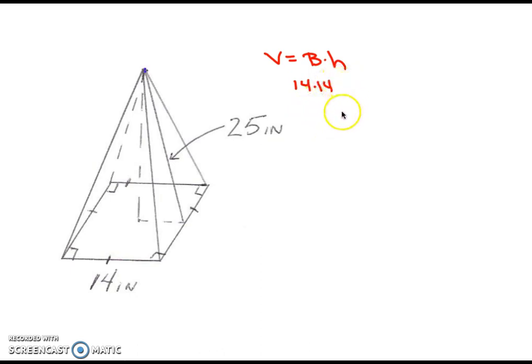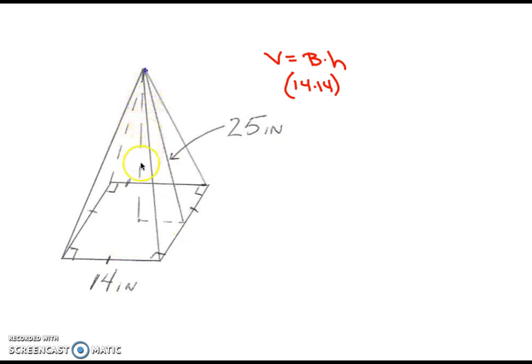Again, your height comes from the vertex to the middle of the base and creates that 90-degree angle. Well, if you look here, this is my slant. See how it drops from the top to the middle of the base?